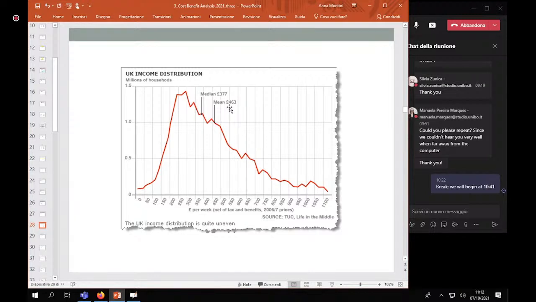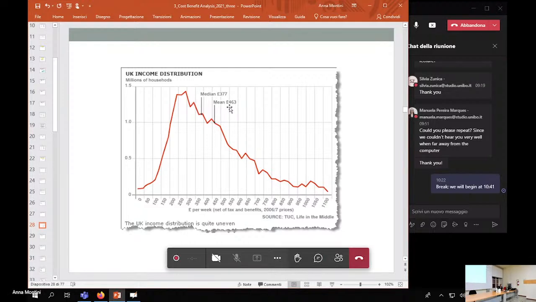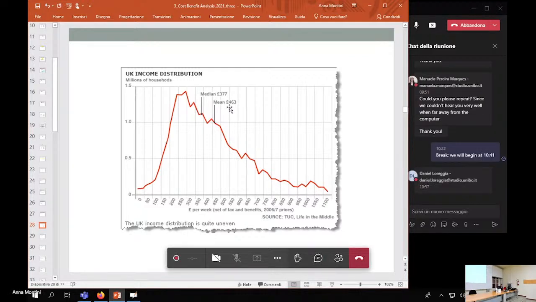So, from the political point of view, the median and the mean are very different, because if I look at the median, I can say that 50% of households live with a monthly income below 377 or above 377. But I cannot say the same thing if I consider the mean.